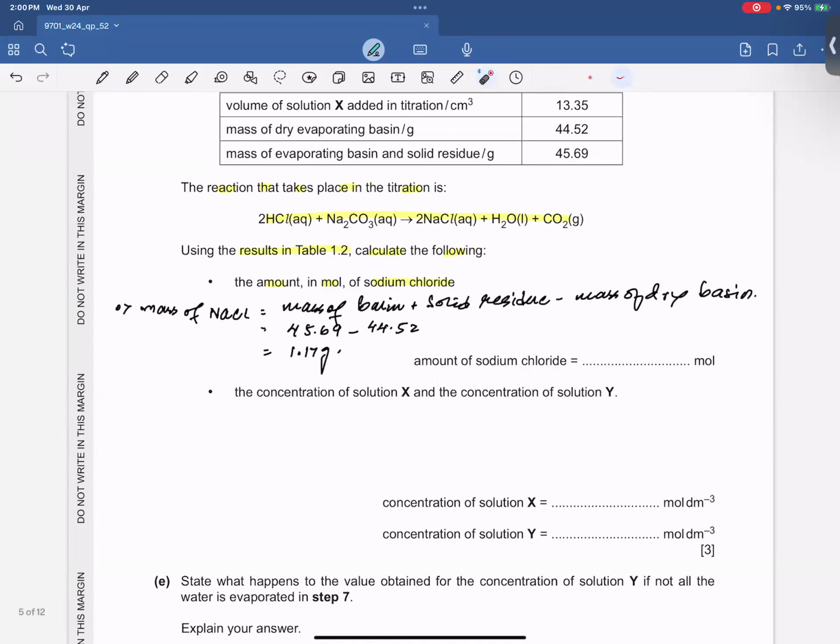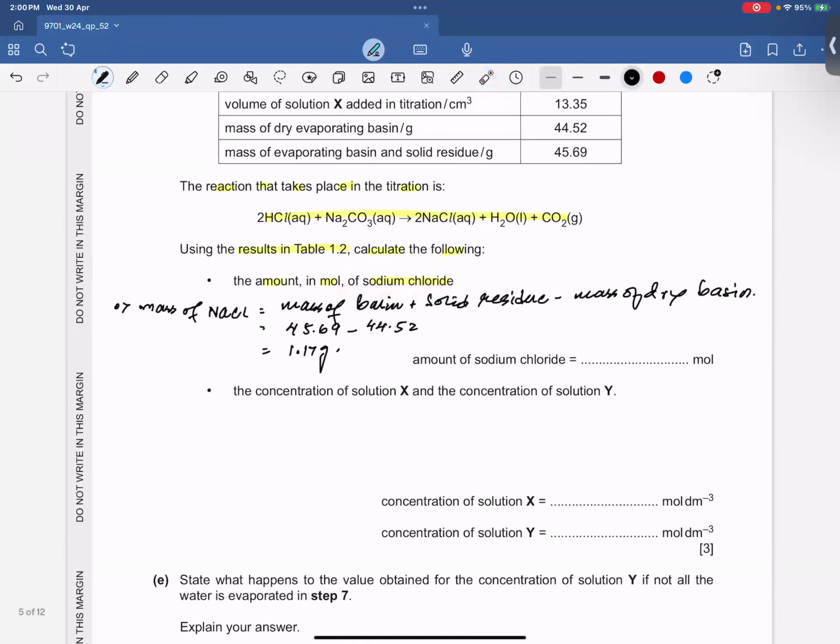The examiner is looking for the amount in moles of sodium chloride. So, my goodness, I'm running out of space. It's all right. We need to find out the moles of NaCl.